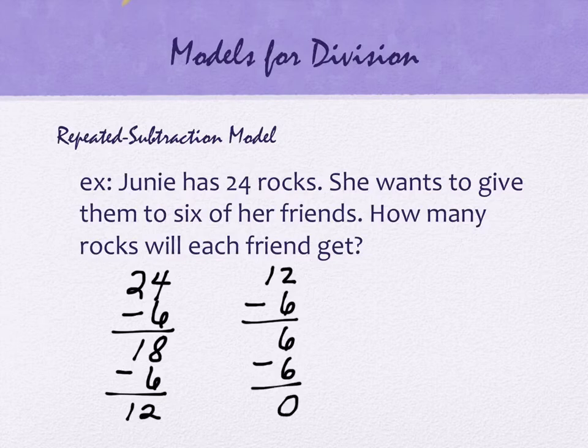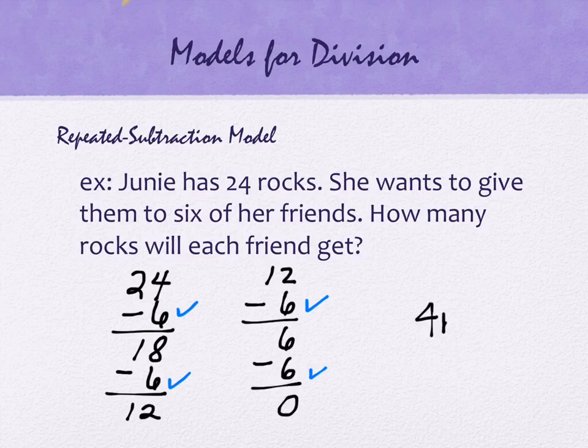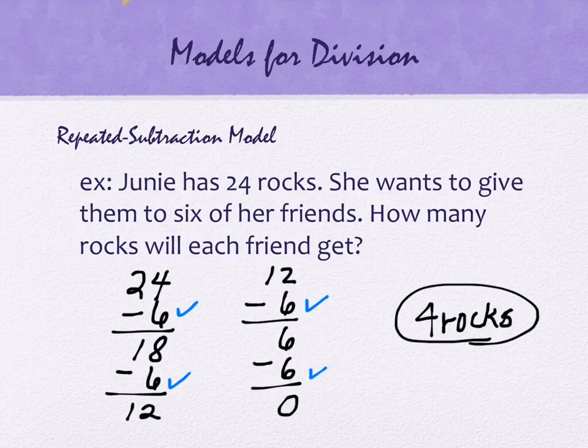So we might not get to 0 when we're done. We might end up with a remainder of 2. There's 2 extra rocks left over or something like that, but they can't equally split them. And then the answer is, how many times did I actually subtract 6? And if you count them up, I subtracted 6 4 times. So each friend got 4 rocks. And that's viewing them as a repeated amount of subtraction.